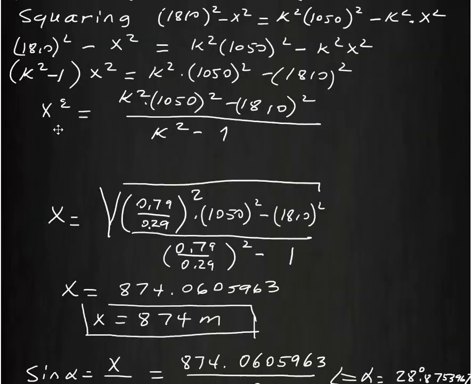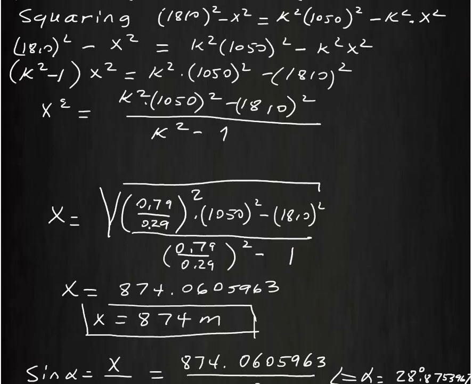Now we plug in, we get x is equal to the square root of (0.79 over 0.29) squared times 1050 squared minus 1810 squared over the quantity (0.79 over 0.29) squared minus 1. We can use the calculator to find out what it is.